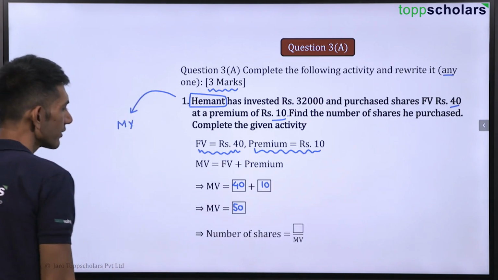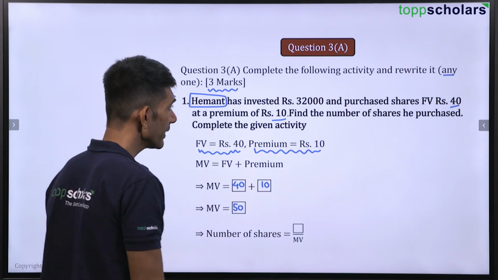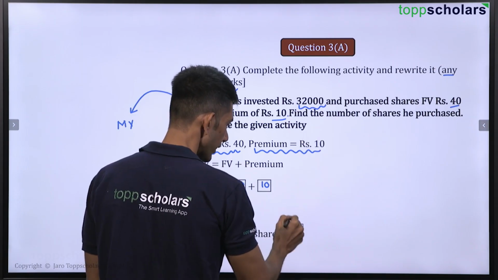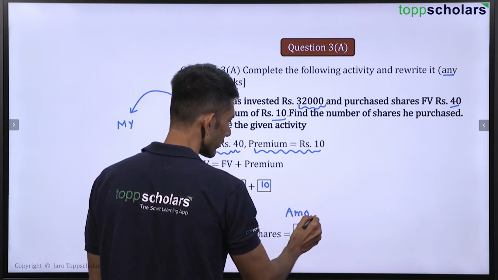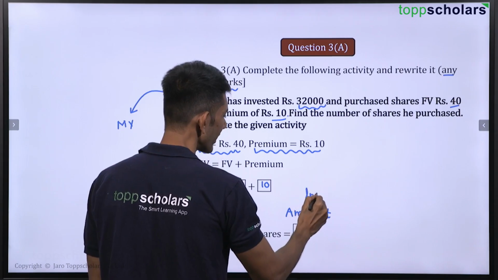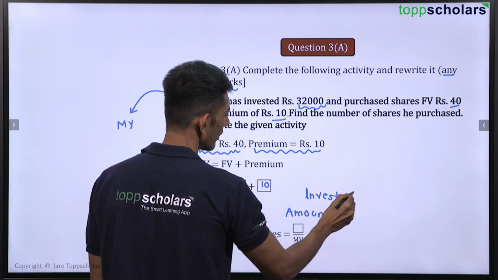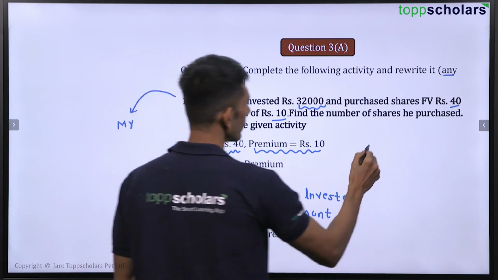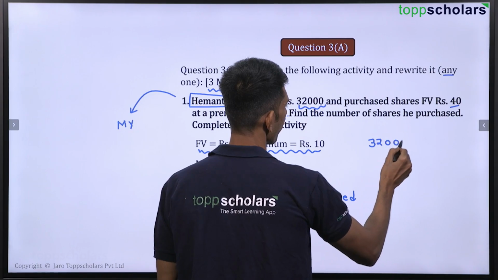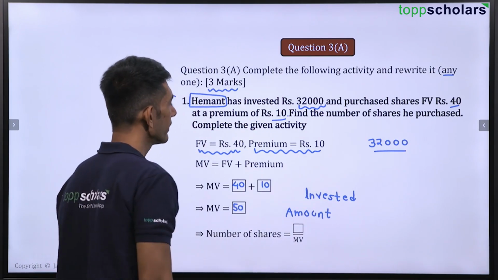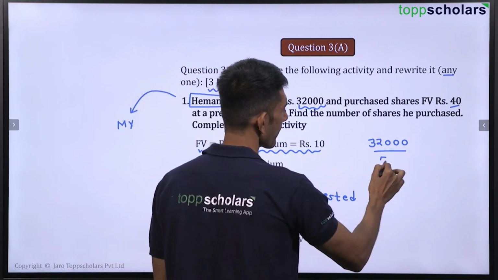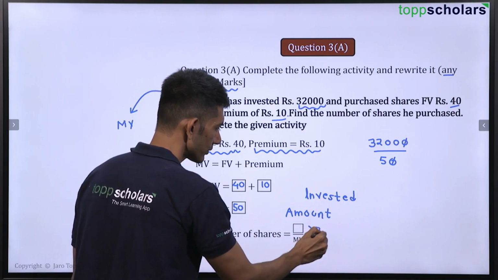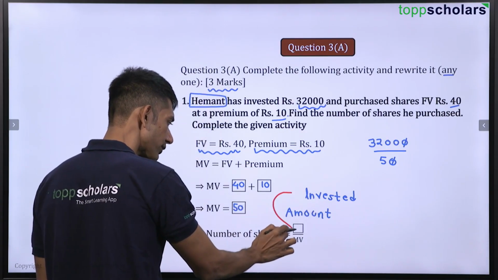So the number of shares will be the total amount invested divided by market value. How much amount was invested? So here you write down invested amount divided by market value, that is 32,000 divided by the market value, which is 50. Here I will write down 32,000, and here I will write down invested amount because this is the formula.